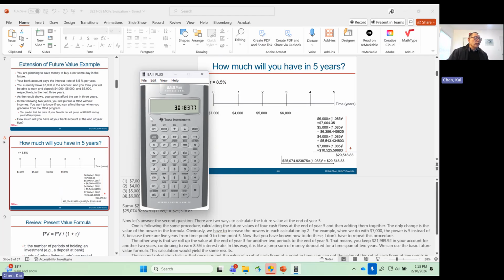By doing this, you can keep as many decimal places as your calculator allows. Whenever you want to use this number, you can use the recall key to retrieve the number that you saved. I'm going to show you how to do this.